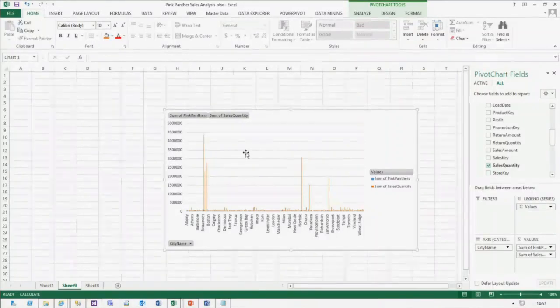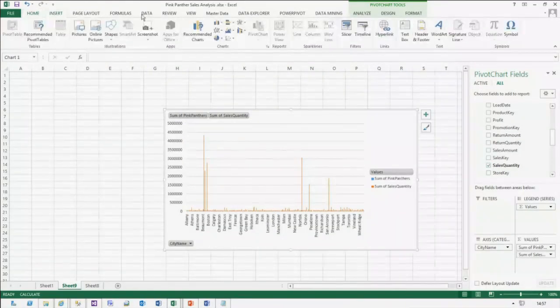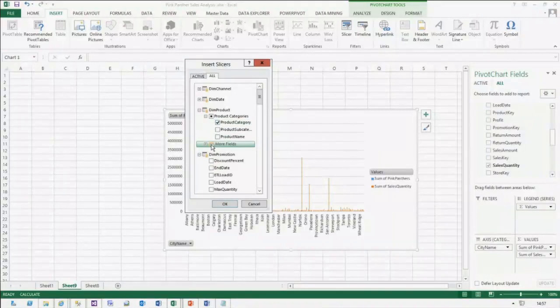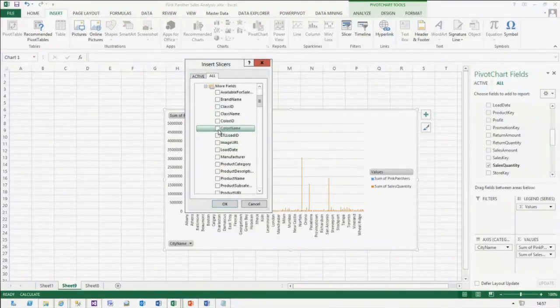Now, there's too much data, so I'm going to do a little bit of filtering here with slicers to add some information. Let's add the product category and the color name.